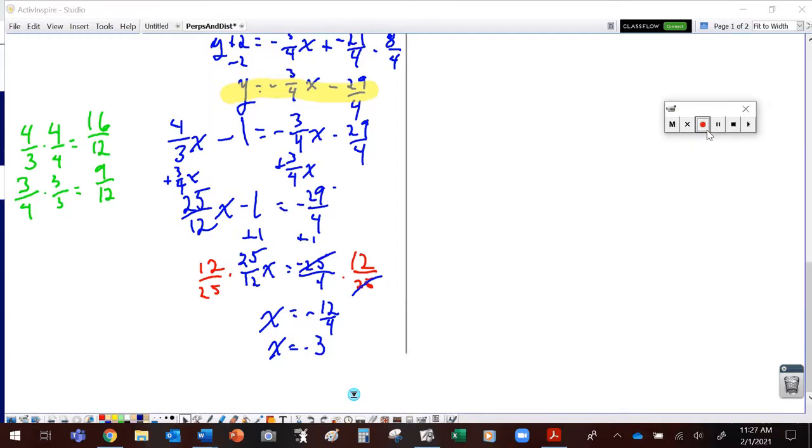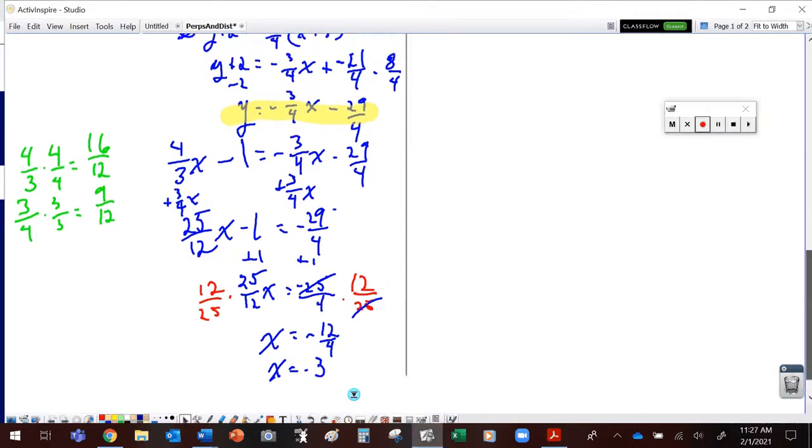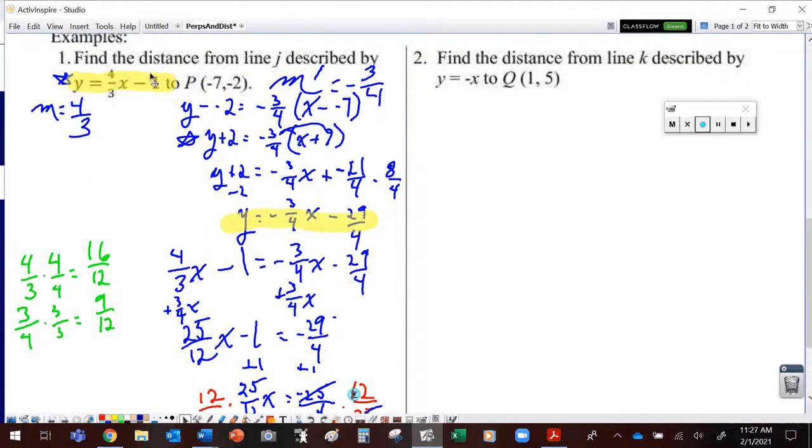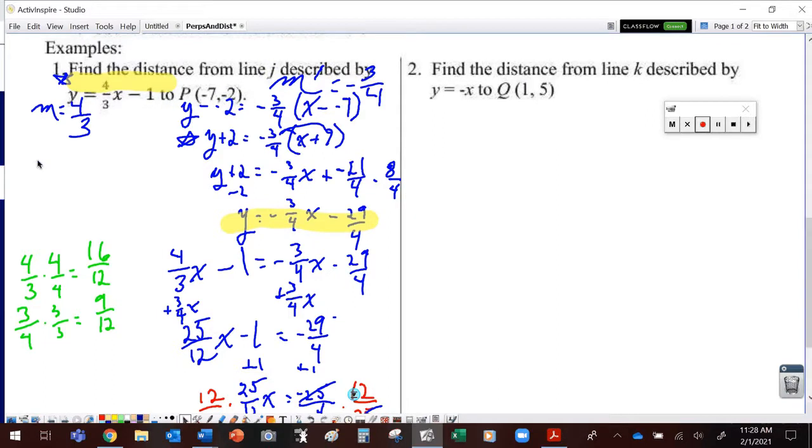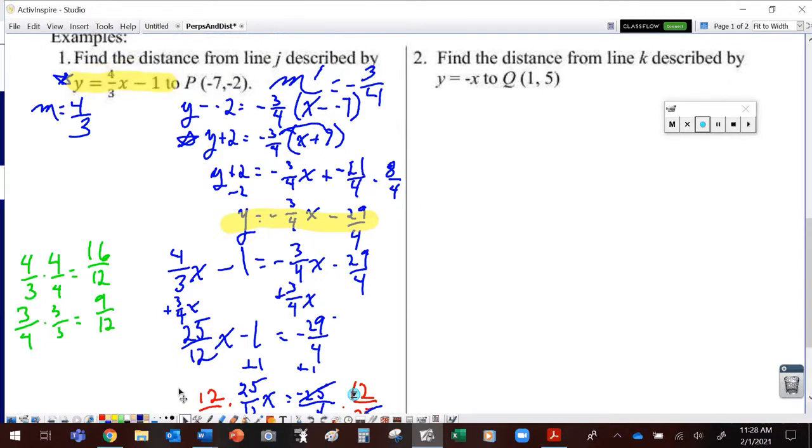All right, now we've got x, we need to use x to find y. So I'll take that x equals negative 3, and I can sub it into either one of these two equations. I'm going to sub it into this one, because if I put this negative 3 in place of x, those 3s are going to cancel, and I'll be dealing with integers. So y equals 4/3 times negative 3 minus 1.